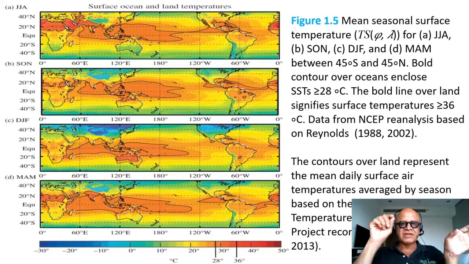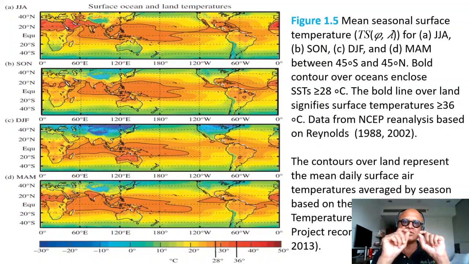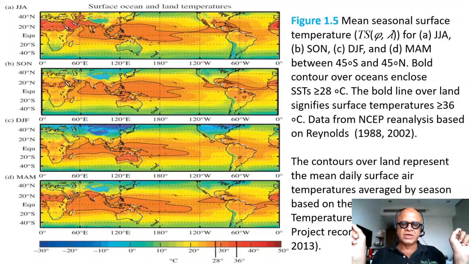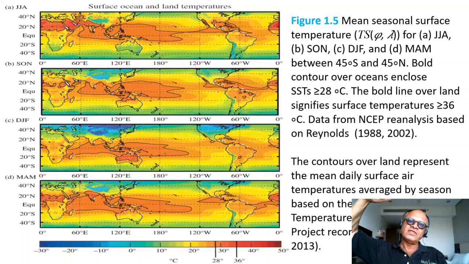So we make some derivations later on to show that the vertical motions in most cases are much smaller than the horizontal motions. So you assume that the balance in the vertical is basically between the weight of the fluid above and the pressure.